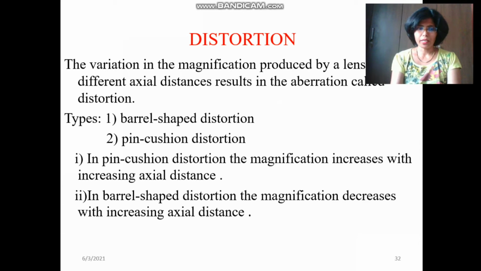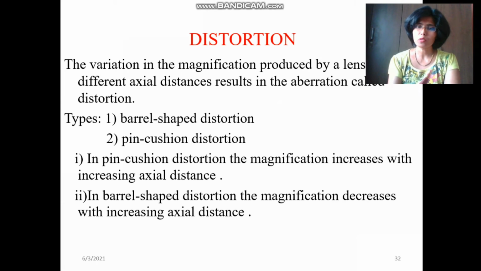Then the next type of aberration is distortion. Now this defect arises if the magnification produced by the lens is not the same for all the parts of the image. The variation in the magnification produced by the lens for different axial distances results in the aberration called distortion. Now there are different types of distortion. First one is barrel shaped distortion and second one is pincushion distortion.